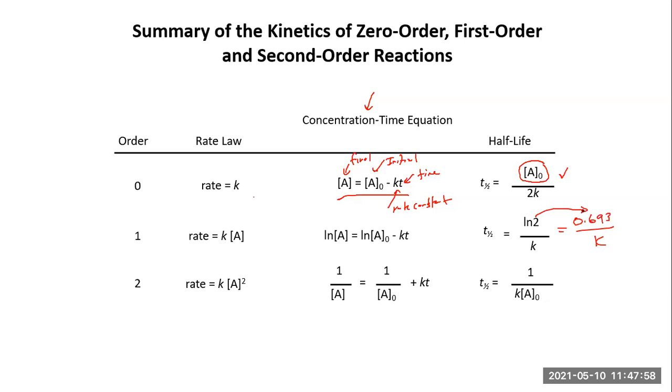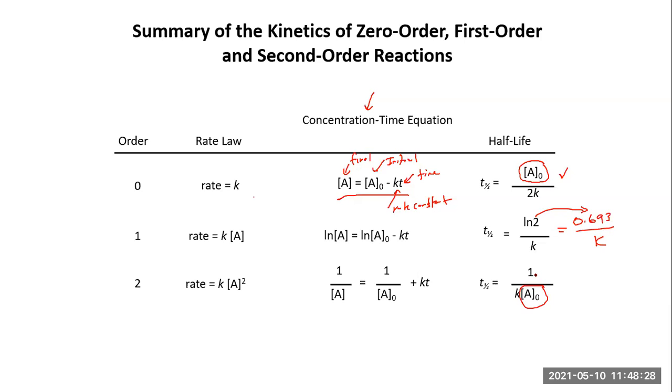And for second order, 1 over the final concentration equals 1 over the initial concentration plus KT. Again, here we see initial concentration taken into account for our second order half-life. Here, though, if you think about it mathematically, it's in the denominator. So the larger the initial concentration here, the smaller the half-life is going to be, because you'll have a bigger number on the bottom versus top.